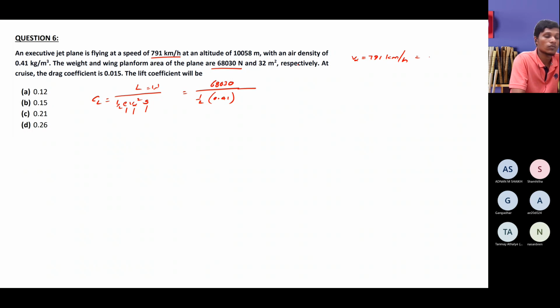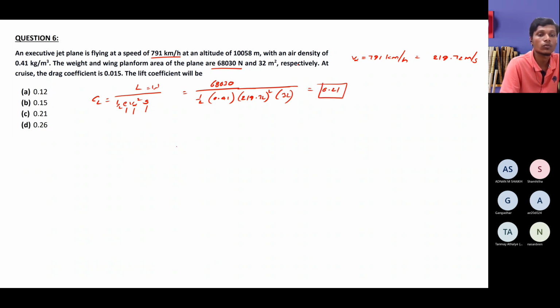If you convert that, you will get 219.72 meters per second. This is your V infinity value. Then substitute it: 219.72 whole square, by S, the planform area, that is 32 meters square. You will get the CL value of 0.21. This is non-dimensional, you don't have any units for this. Okay, that is the sixth question.